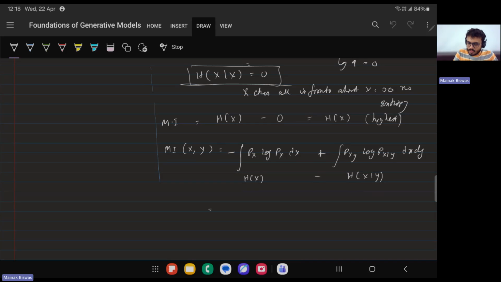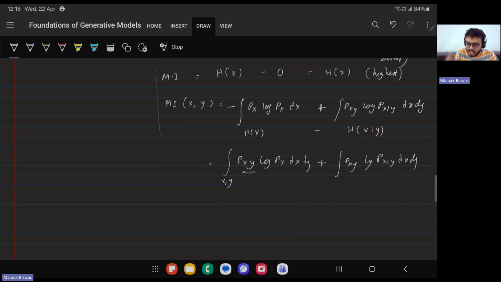So what does this term turn out to be? I can always write the integral over x and y of p of xy log p of x dx plus the integral of p of xy log of p of x given y dx dy. Here I will be able to marginalize y out if required, and I get back the original entropy of x.